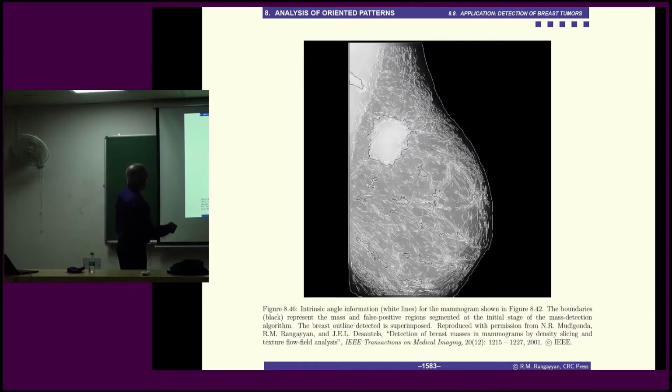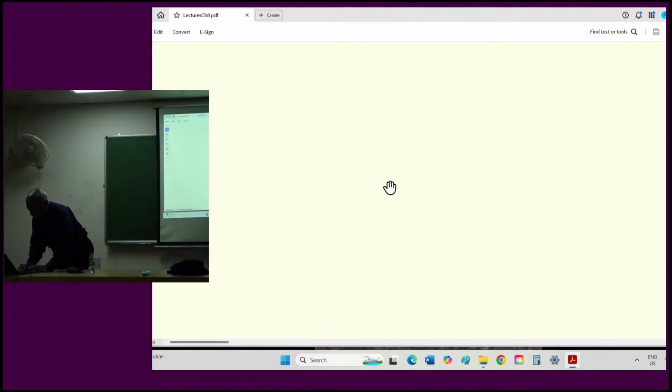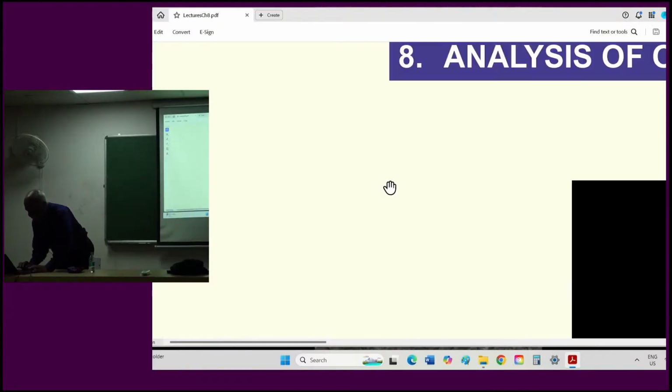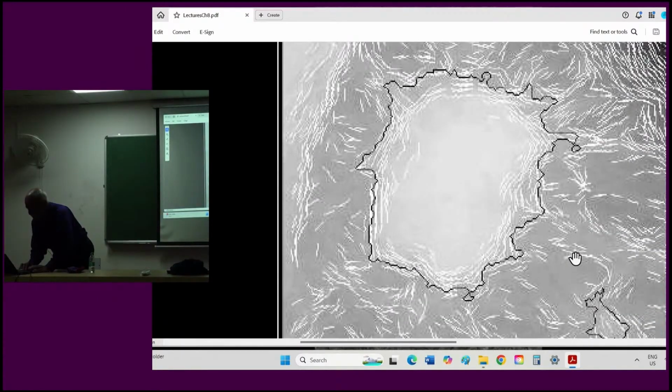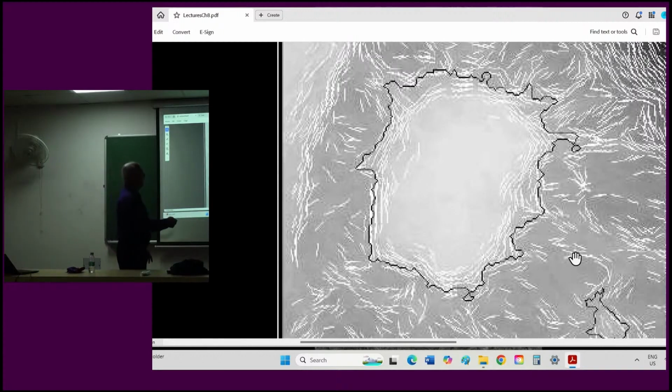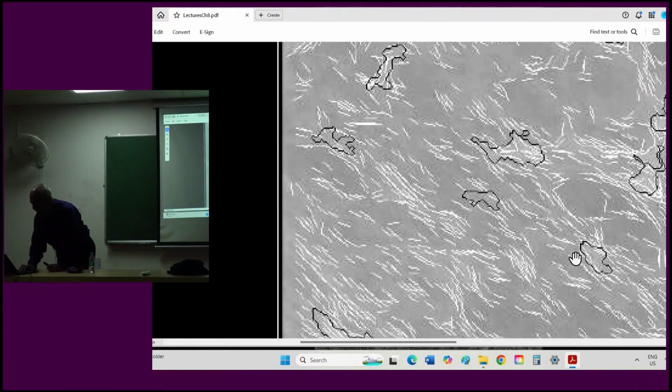And these are the lines showing the intrinsic angle, the white lines. This was done for the whole image. If you see around the tumor, the angles go all the way around the edge of the tumor. Here the angles are going in various directions. But if you come to ligaments, these are the false positives that were bothering us.